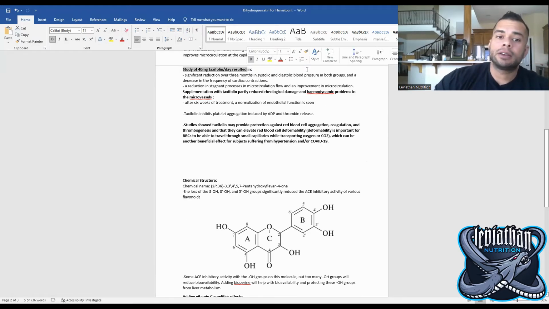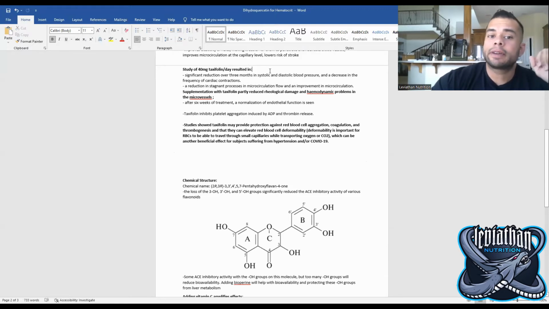Looking at a study that used 40 milligrams of taxifolin per day, it resulted in the following. It resulted in a significant reduction over 3 months in systolic and diastolic blood pressure and a decrease in the frequency of cardiac contractions. It also resulted in a reduction in stagnant processes in microcirculation flow and improved microcirculation in general.